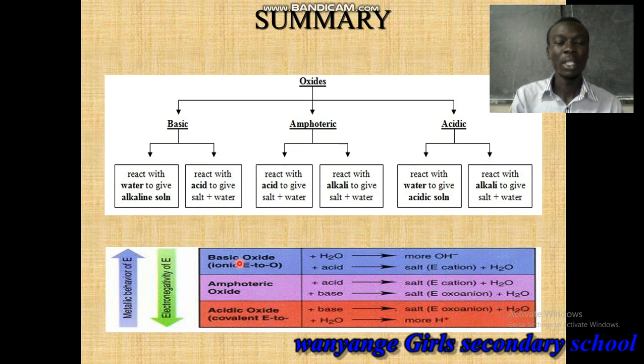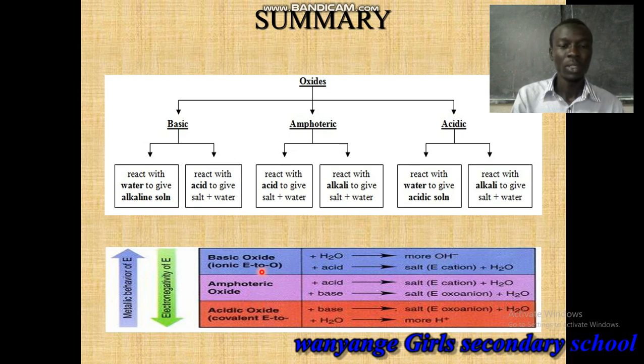Then the same things have been given here. We are saying that a basic oxide will react with water to form an alkaline solution. An alkaline solution has hydroxyl ions in it. We shall look at that, don't worry about that.